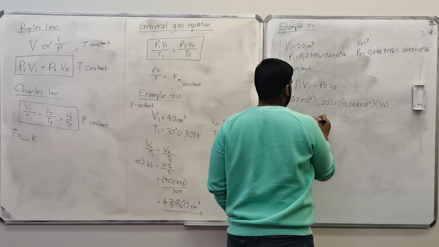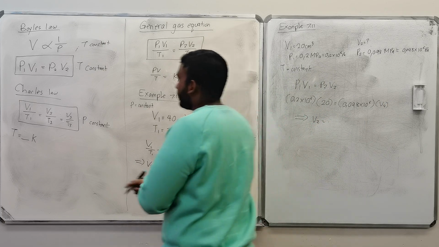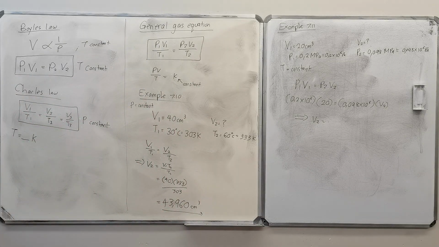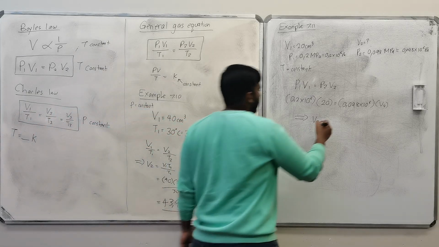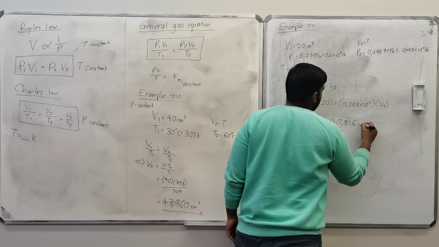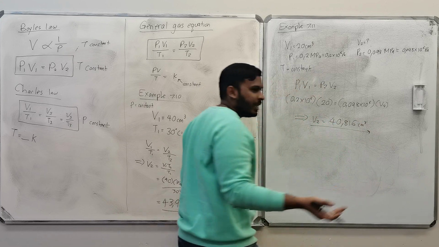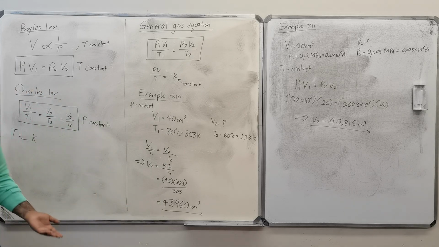So your V2 value is 0.816 centimeters. That's your V2. Not bad. Not bad. Okay.